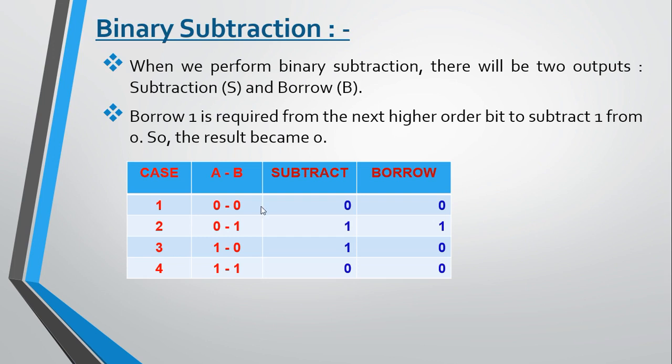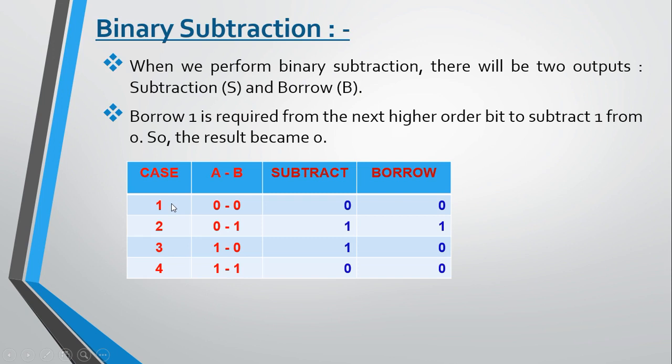The second point I will explain when I explain the example. But what is binary subtraction? When we perform binary subtraction, there will be two outputs, subtraction and borrow. Subtraction is marked with S and borrow is marked with B.